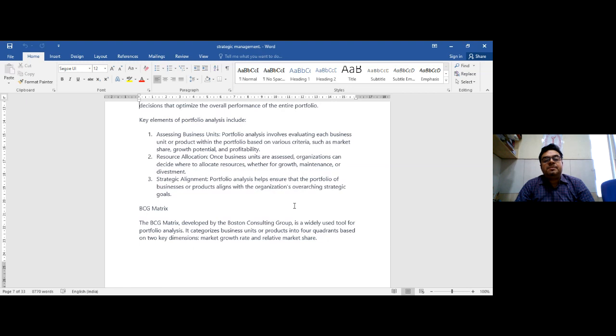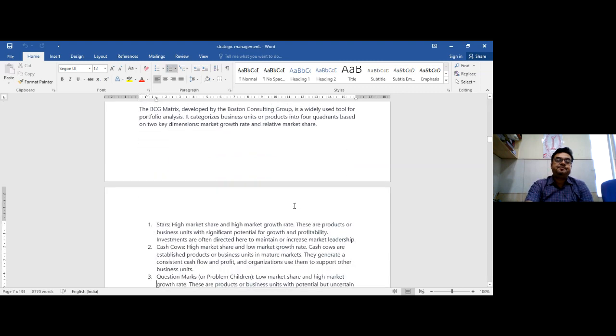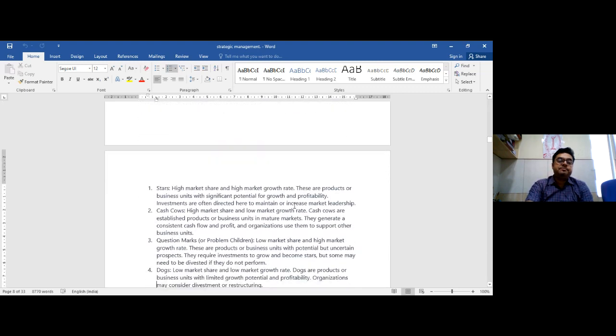It categorizes business units or products essentially into 4 quadrants based on 2 key dimensions: market growth rate and relative market share. Okay, so there are 2 dimensions: market growth rate and relative market share.